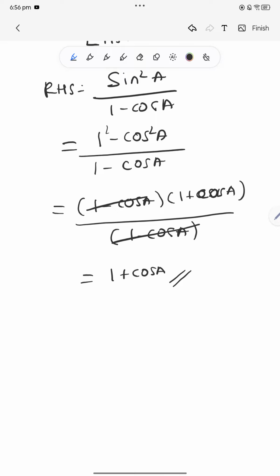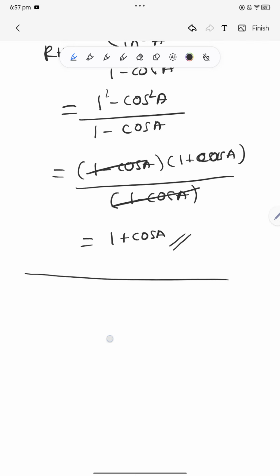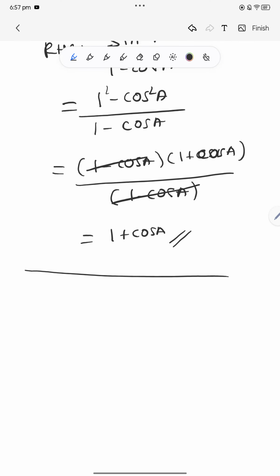Now we'll solve one more type of question. This is the sixth question. The fifth question I will give as homework. It is similar only; they give a hint, and according to that you solve.